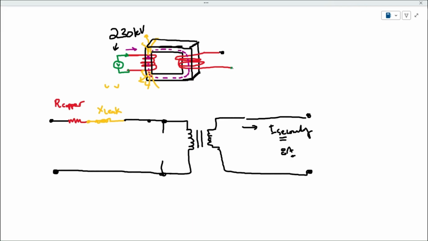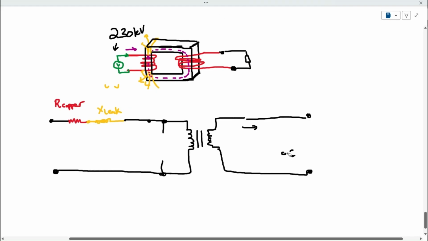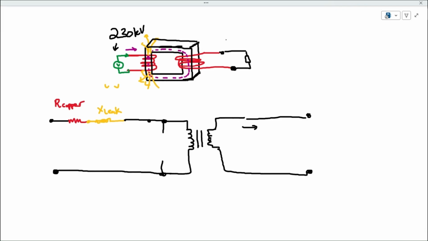So if you connect, let's say, a load to the secondary side, and we want to know what the secondary side current would be if we know the I supply, let's say I primary, what will be my I secondary?